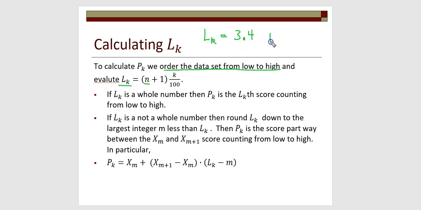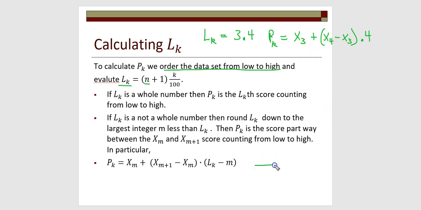Or in other words, Pk would be your third data score plus 40% of the way towards the fourth data score. So we would evaluate x4 minus x3, and then multiply that by 0.4 to get 40% of the way. So this value here would represent 40% of the way between the third and fourth data score.